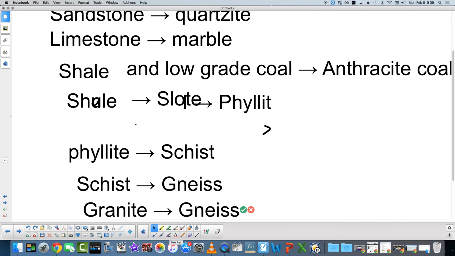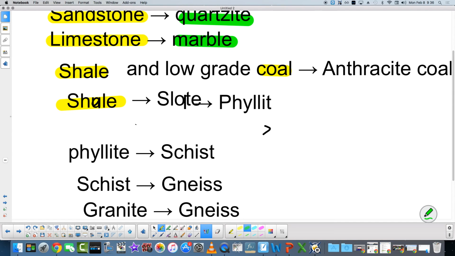And so up at the beginning here, we had sedimentary rocks. I'll highlight the sedimentaries here in yellow. And then those formed metamorphic rocks. Let's be consistent with earlier. I was writing about metamorphic rocks in purple, so we'll highlight in purple. And again, shale can form both slate and phyllite.